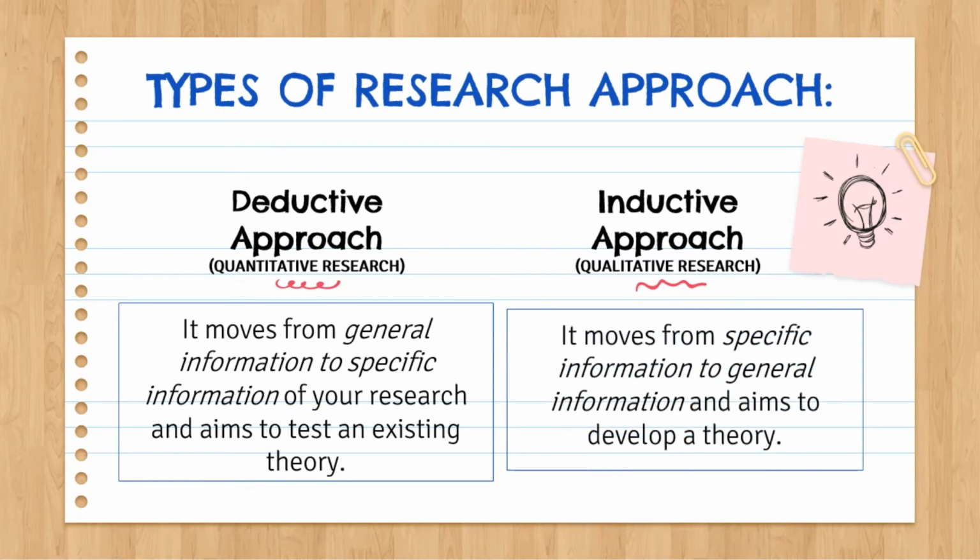This one moves from specific information to general information and aims to develop a theory. Again, inductive aims to develop a theory, while the deductive is testing an existing theory. And deductive, general information to specific information, while inductive moves from specific information to general information.